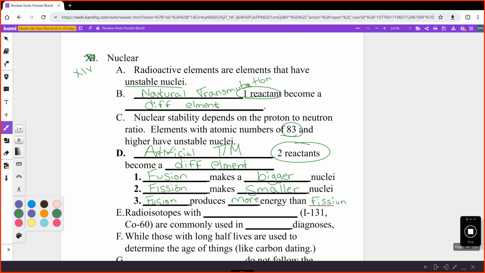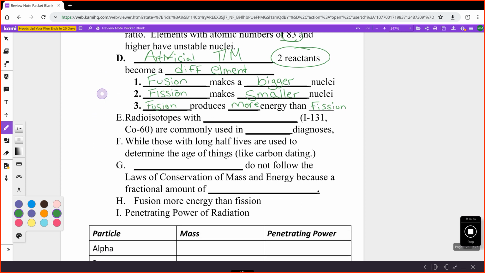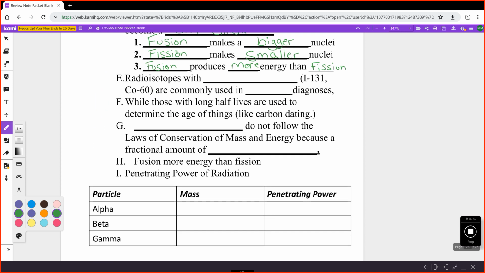Now we can get a little bit more specific with radioisotopes and what they do. Typically, radioactive isotopes that have short half-lives, I'm going to abbreviate half-life as HL, are commonly used in the medical field.